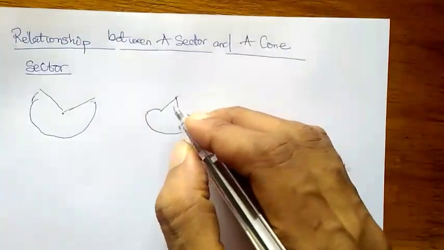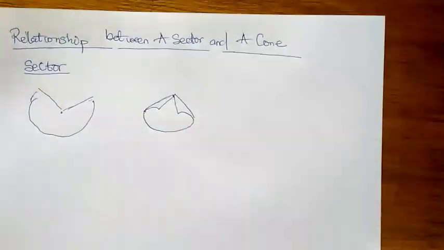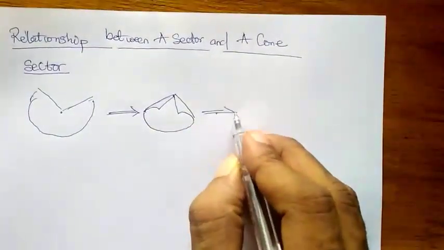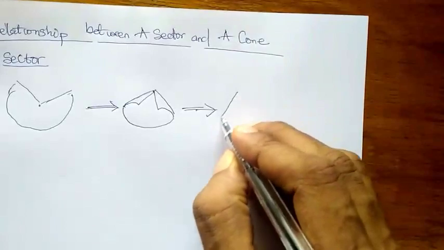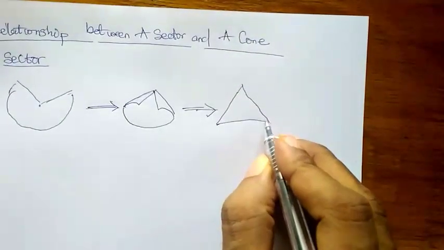So this is how it looks when we bend it, and you find out that we are trying to form a cone. So a sector, when bent, ends up forming a cone.